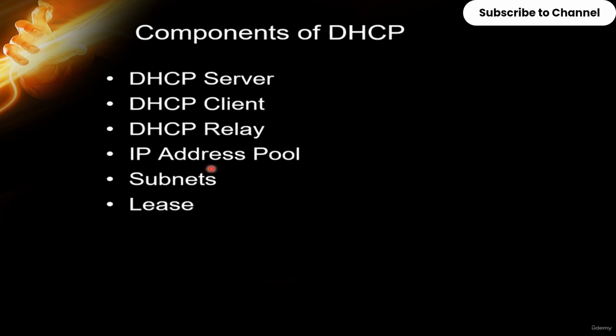And the IP address pool is a collection of IP addresses that the DHCP server has in hand. Whenever a client requests an IP address, the server assigns a unique IP address to the client. So these things are maintained by the IP address pool. Then the subnet maintains a partition of the network controlled by the DHCP server, and for each section, like section A, section B, it maintains a subnet.